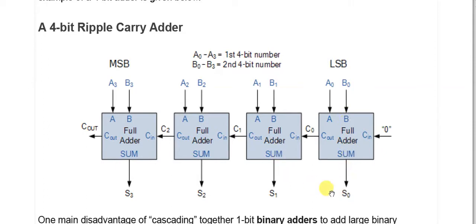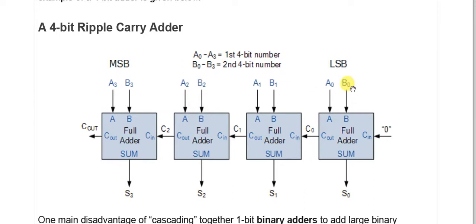S0, S1, S2, S3 and a carry bit. A0 and B0 are added together, giving a sum and a carry. Then they are added together to give rise to a sum and a carry, which is C1. Again A2, B2, this is now the third bit, first bit, second bit, third bit, since we started from the 0th order.